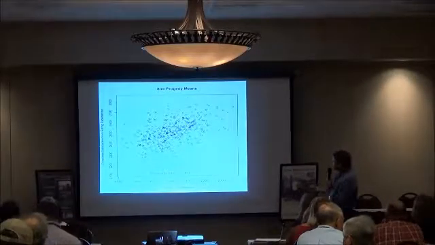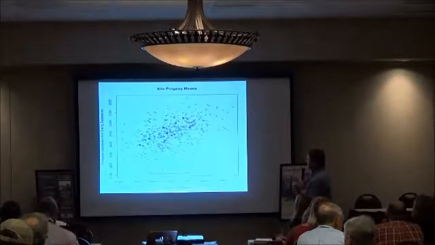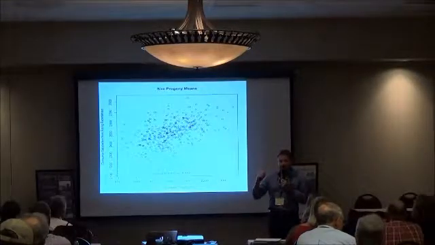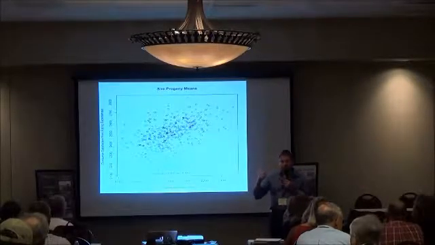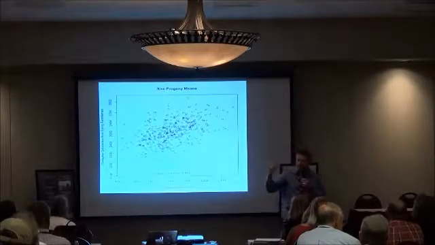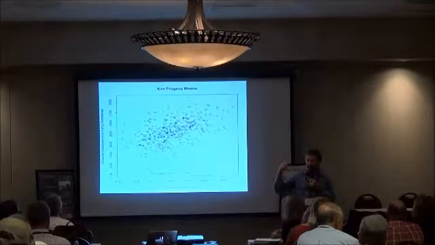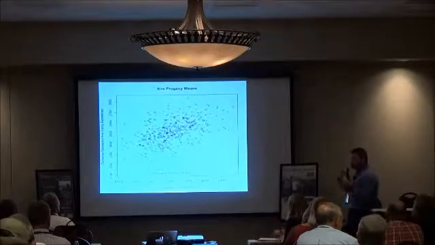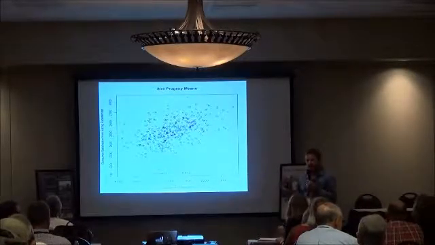You'll notice it's a cloud, it's kind of tipped over a bit. It's not a circle, and that's because there's a correlation between these traits. So the genes that are associated with more income tend to be associated with genes that are associated with more cost. So what we're trying to do is move that cloud.